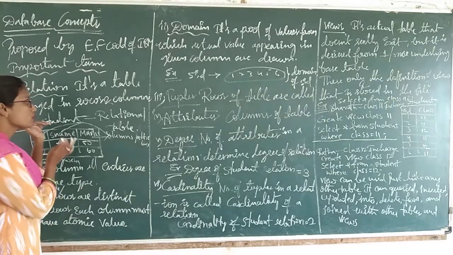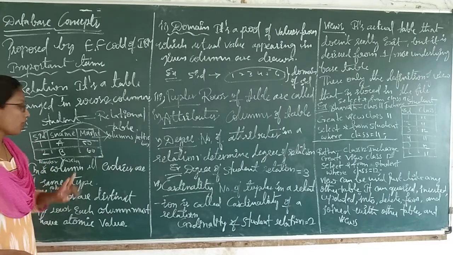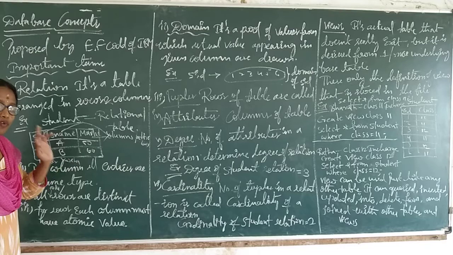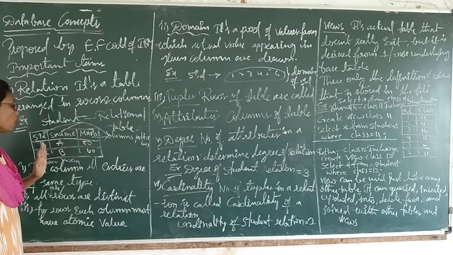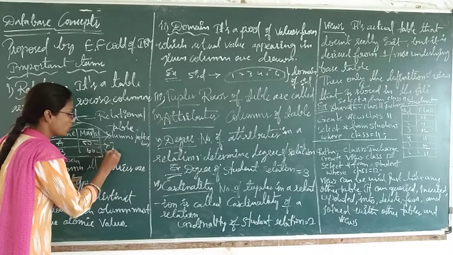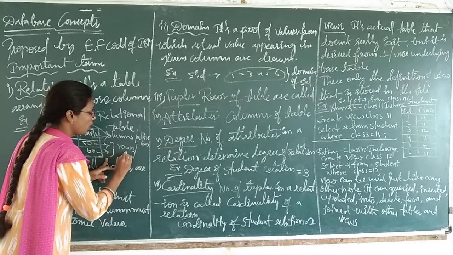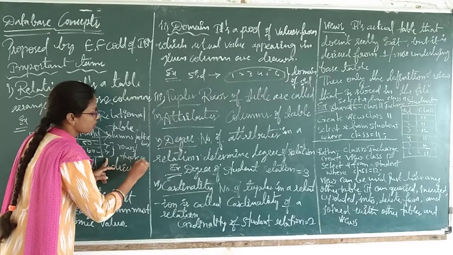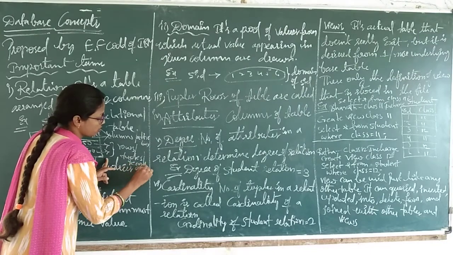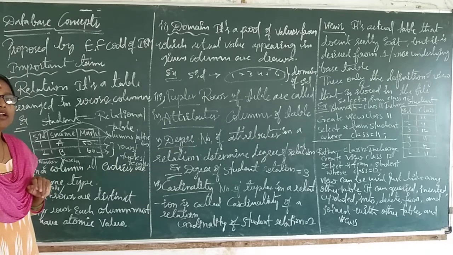This student relational table has two records. These two we call rows or tuples, or you can also call them records. Clear? Rows, tuples or records.